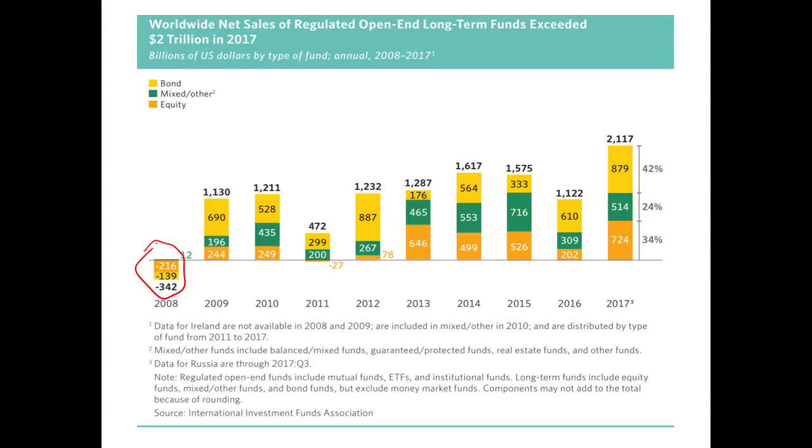If we look just at the most recent year, 2017, bond mutual funds received the highest amount of inflows. Then equity or stock mutual funds had a lot of money coming into them. And then finally, mutual funds that combine the two and other things also had significant amounts of inflows, a little less than bonds and stocks, but still significant.